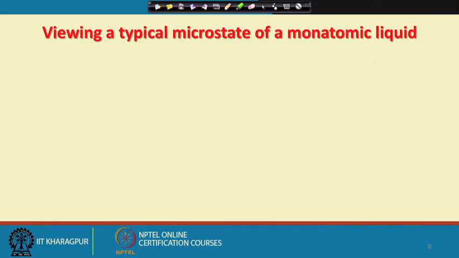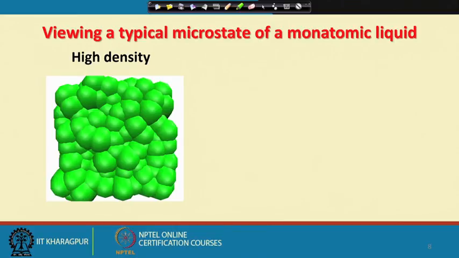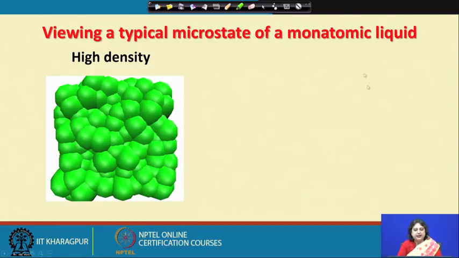So, g(r) is a quantity that we get from the experimental data. But the question that I am asking now is, what kind of picture do we associate with a microscopic state of the liquid? It is something like this. Here I am showing you a typical microscopic snapshot of a liquid sample at a very high density.